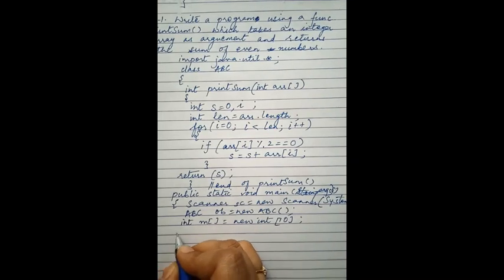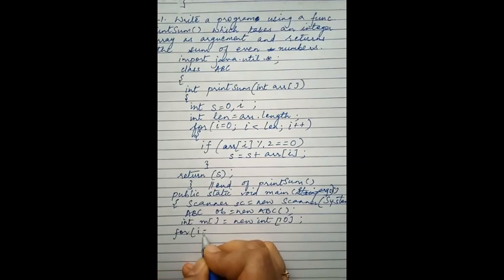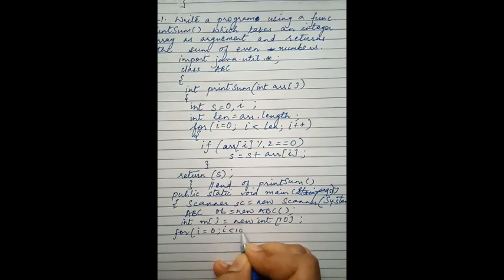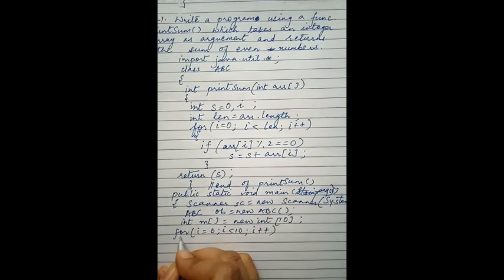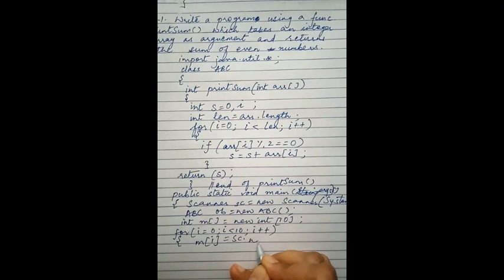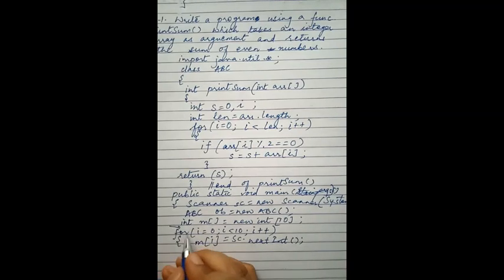Now I will be entering array elements. For i equals 0, i is less than 10, i plus plus, m at i equals sc dot nextInt. If you want, you can give a message here on top, System.out.println, enter array elements.